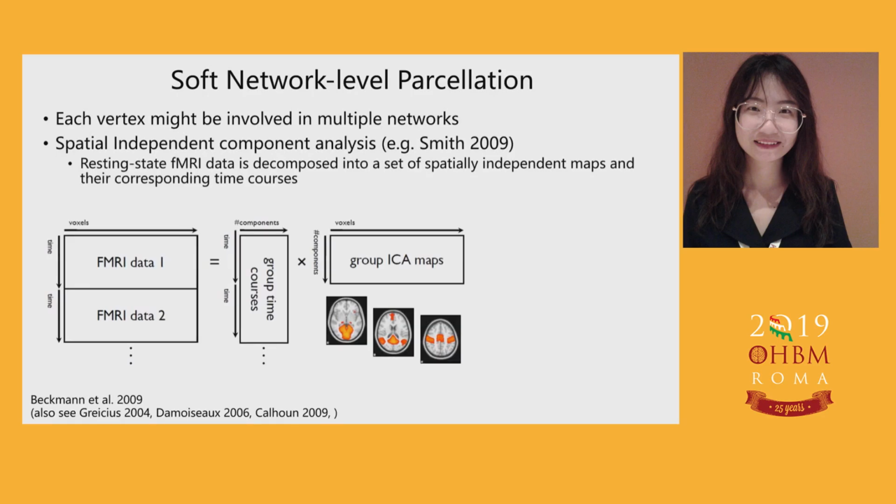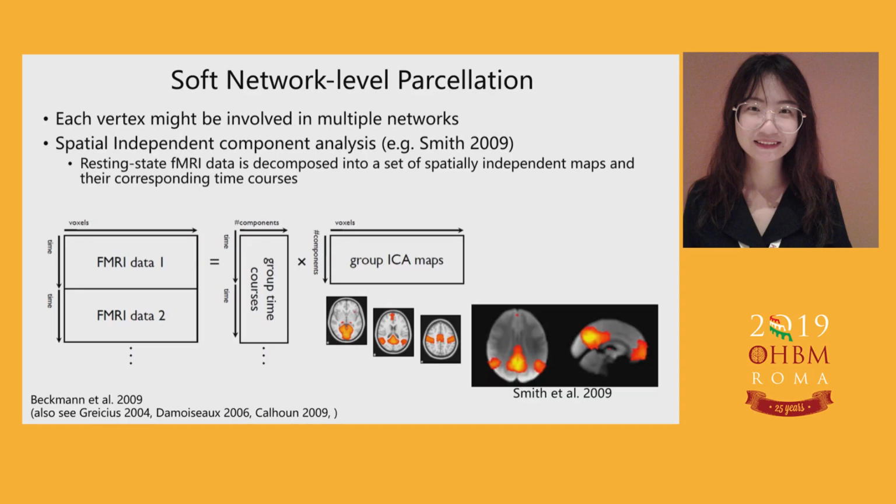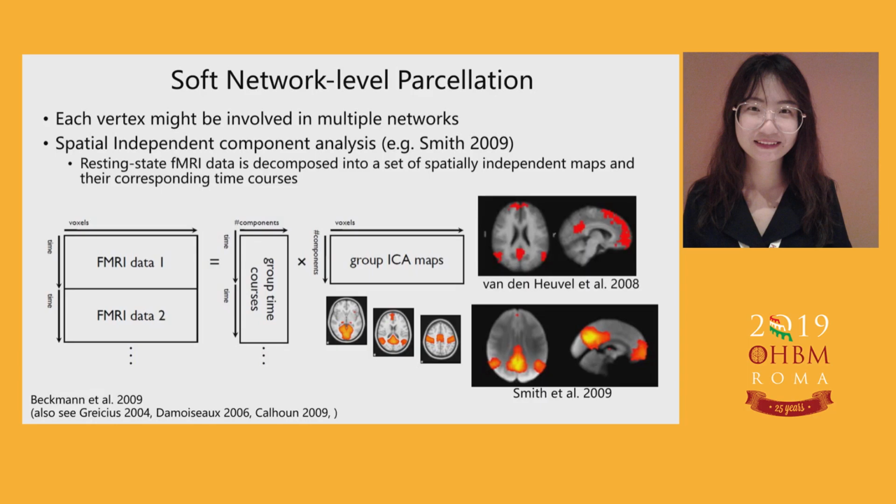In spatial ICA, the resting state functional MRI data can be seen as a decomposition of a set of spatially independent maps and their corresponding time courses. Here I'm showing the spatial map corresponding to the default network from Smith 2009. If you compare it with the default network estimated by a hard network level parcellation, we can see that actually they look very similar.